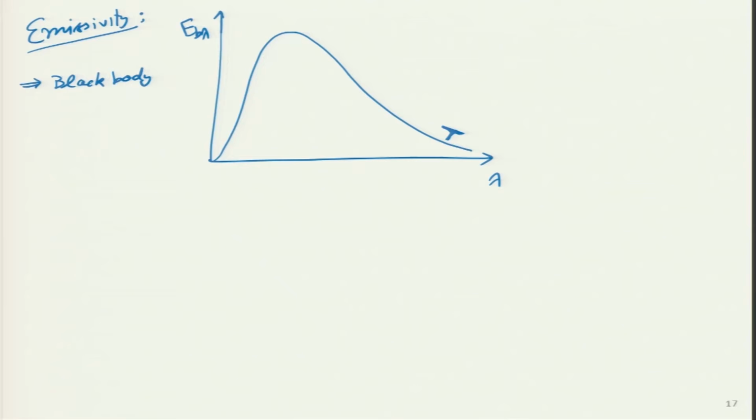I do the measurement at discrete wavelengths, and let me make that plot. This is some sort of experiment I am assuming that I did, and these are the red dots I am getting for the actual body. That is not a black body, it is an actual real body.